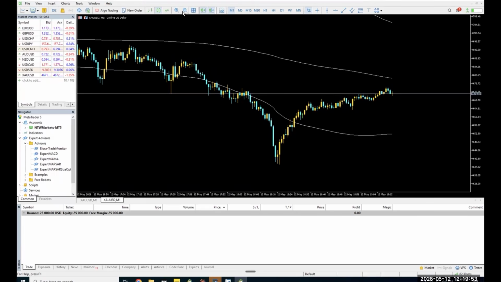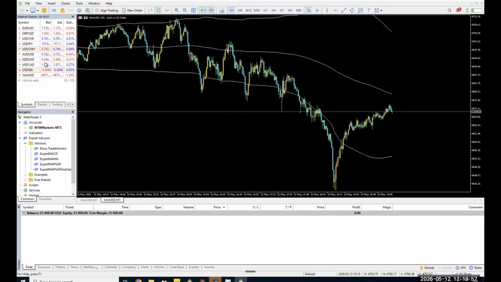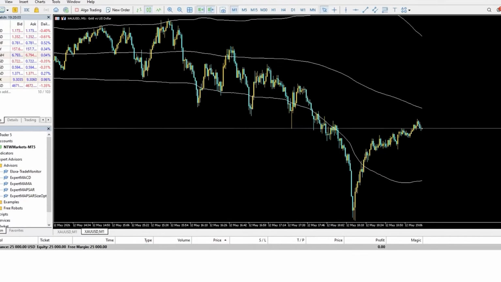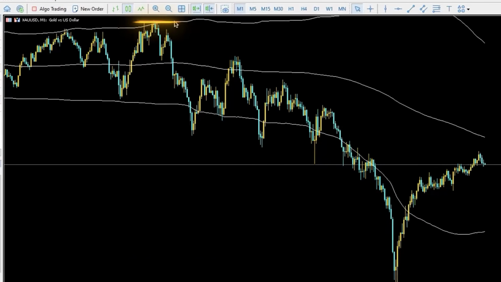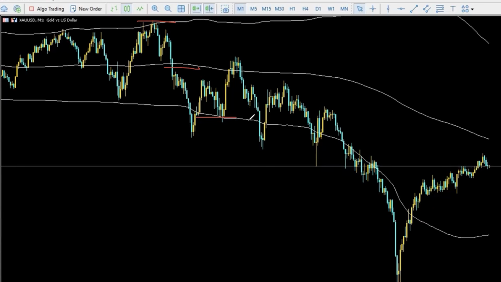Now, what does this Bollinger Band do? Okay, this Bollinger Band is represented as a true support and resistance zone. So true support and resistance zone is here, here, and here. The Bollinger Band simply creates those zones for us.